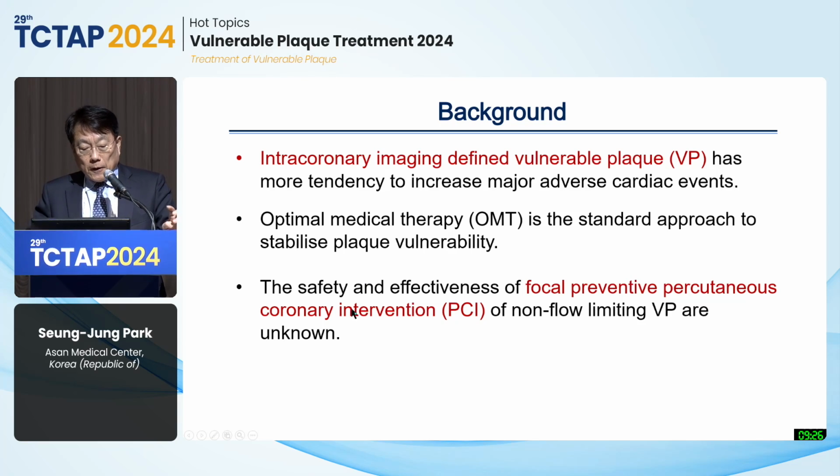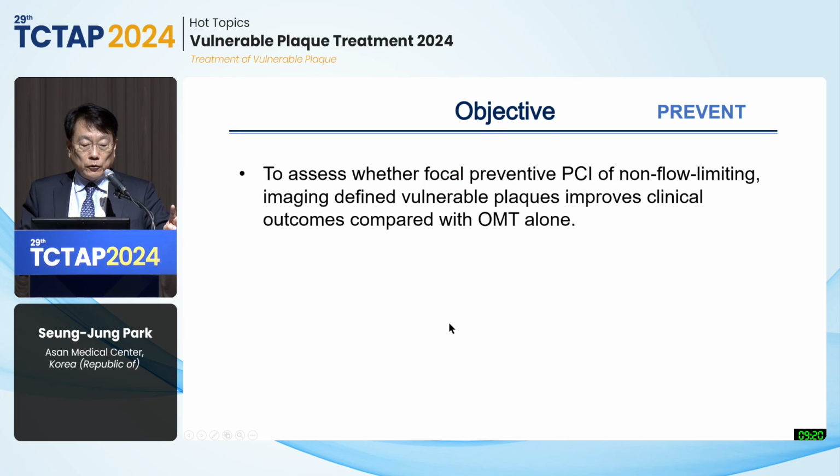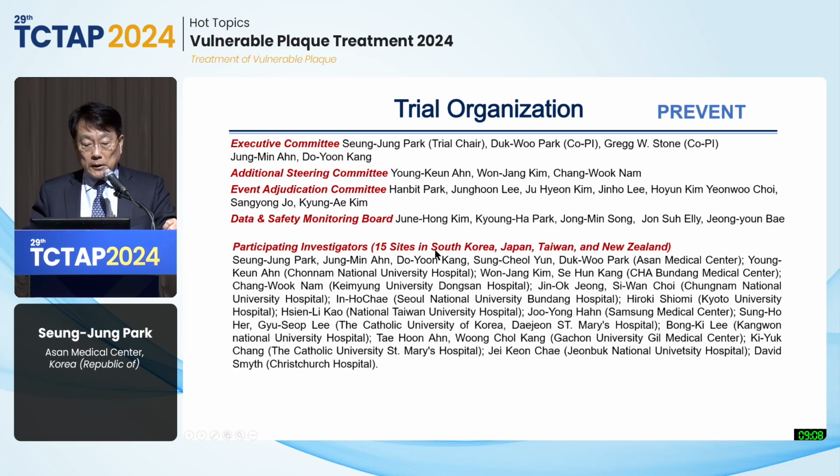The safety and effectiveness of focal preventive PCI are unknown, so we wanted to assess whether focal preventive PCI of non-flow-limiting imaging-defined vulnerable plaque improved clinical outcomes compared with optimal medical therapy alone. So we conducted our study, and Greg Stone actually helped us.